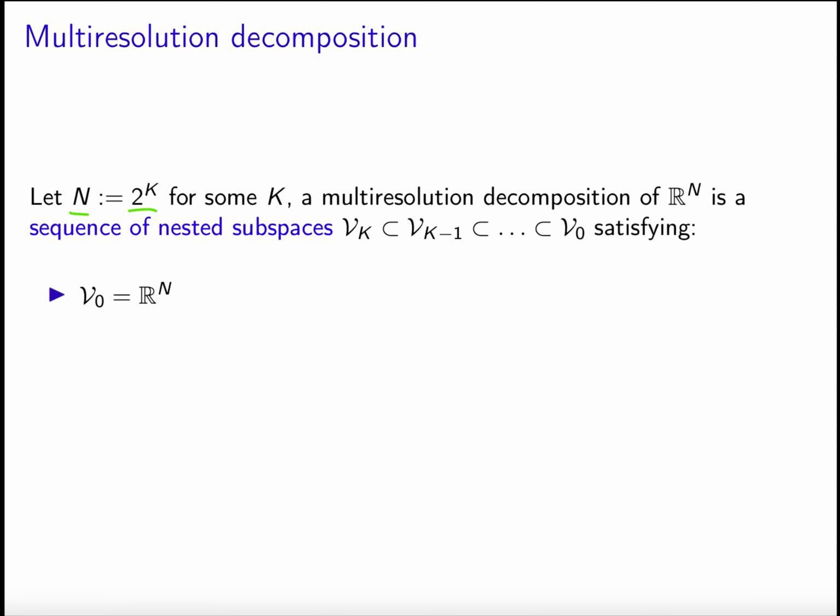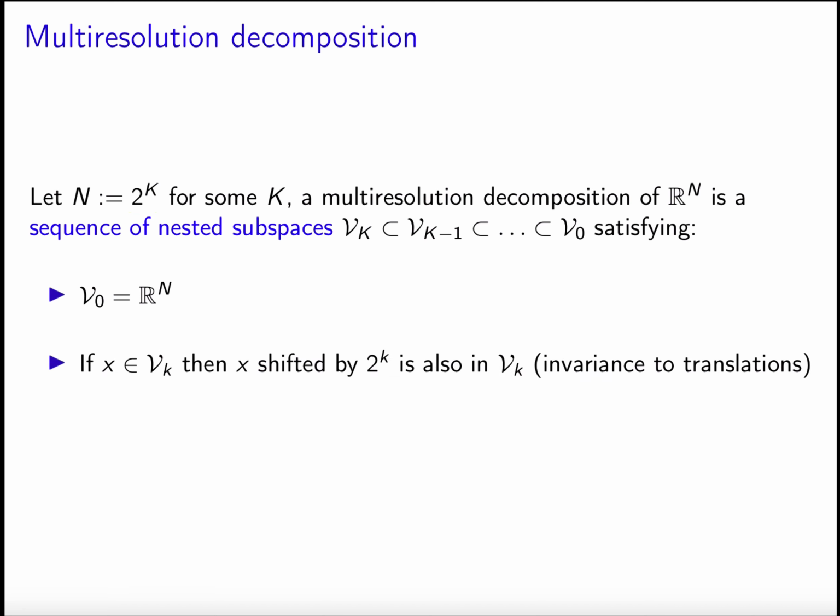So these subspaces are inside of each other. This is the subspace that captures the finest resolution, and the resolution is decreasing in this direction. The subspace with the finest resolution captures all of the information. It's R^n, so every vector is going to be in there.